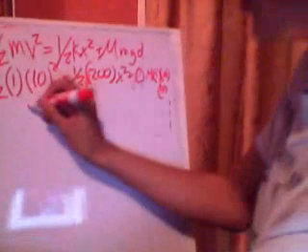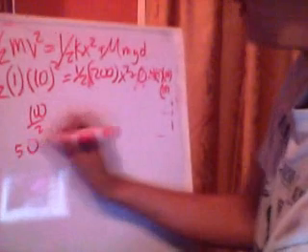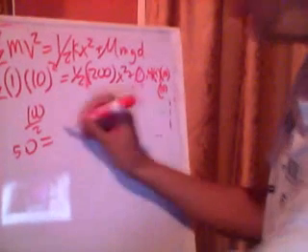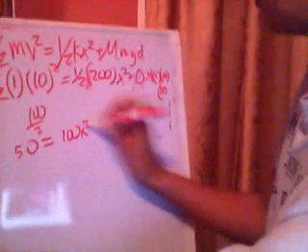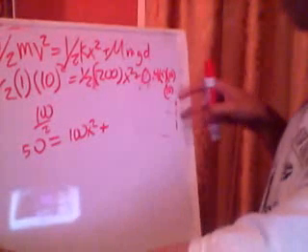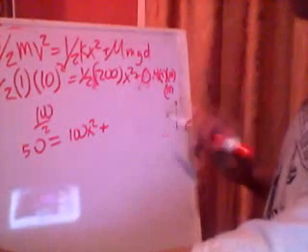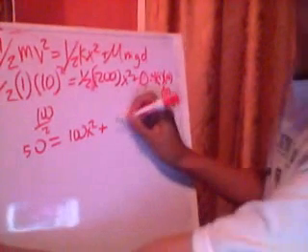And now that we have our equation, we can simply solve for it. It works out pretty easy. So 10 squared turns into 100. Divide that by 2 equals 50, equals, half of 200 is 100, x squared plus 10 times 10 is 100, times 1, and then times 0.4, which makes it 40.